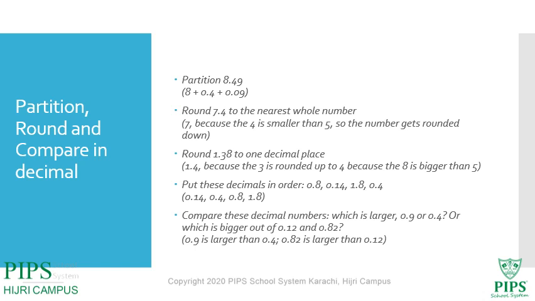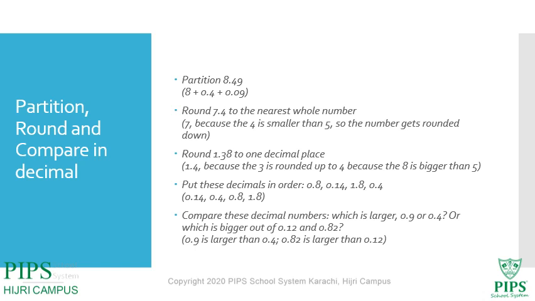Then we add the plus operation. Then we write the point value: the first part is 0.4, then the second part is 0.09. This is how we apply the partition method in decimals.